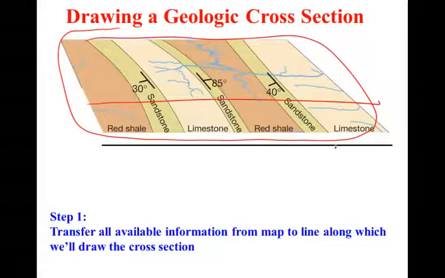Well, the first thing we'd want to do is transfer the location and names of all the different rock types shown in the map area. We have limestone here, sandstone, shale, sandstone, limestone, sandstone, and shale.